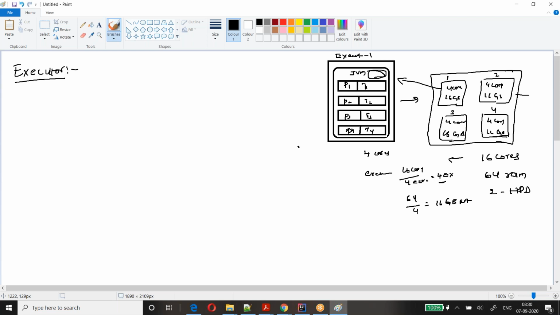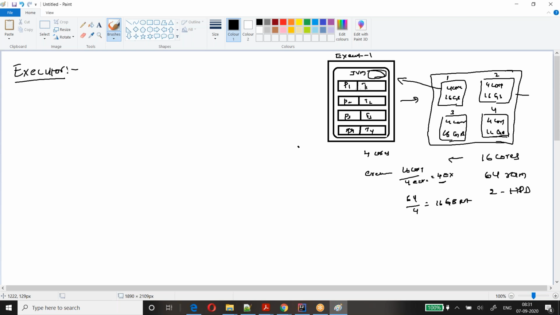Now, before that, whatever memory you have taken, 16 GB here, we will consider as memory for that JVM process, right? That memory will be categorized. How will it be categorized?